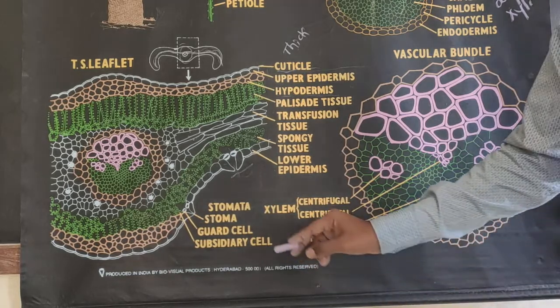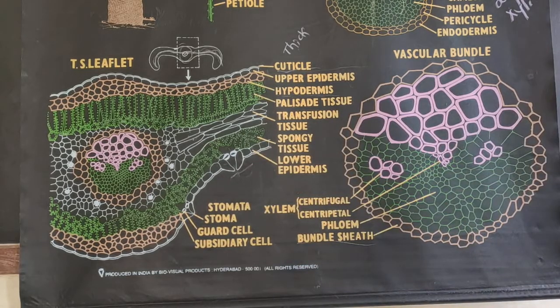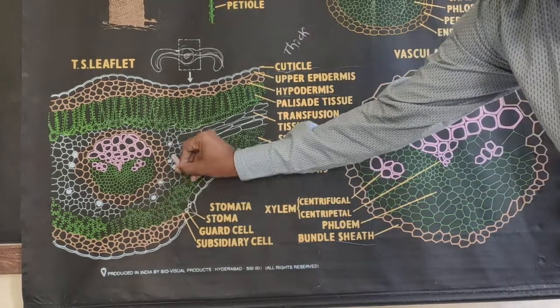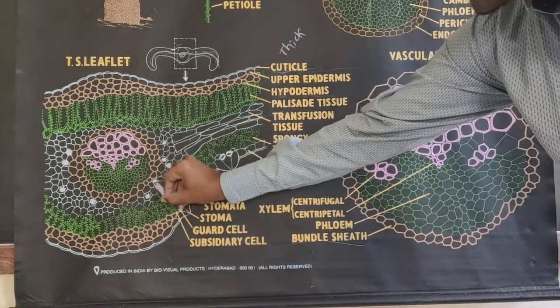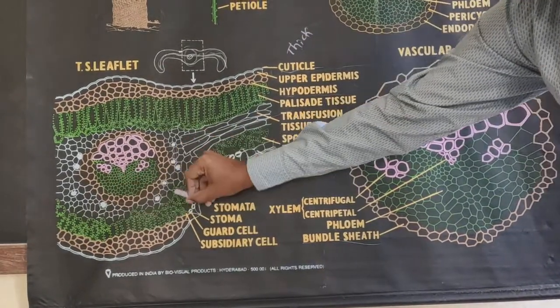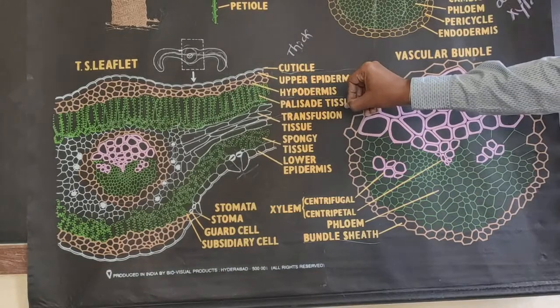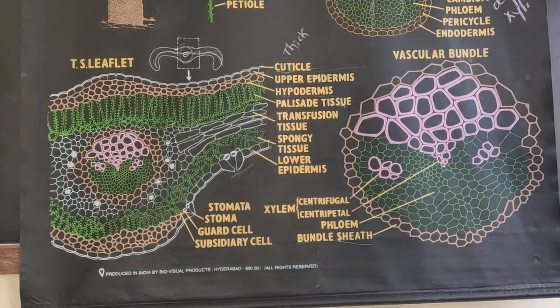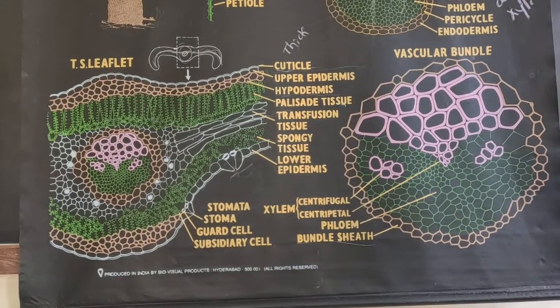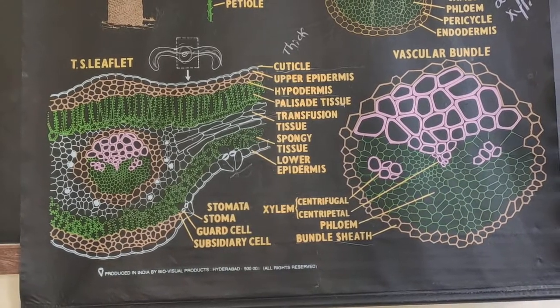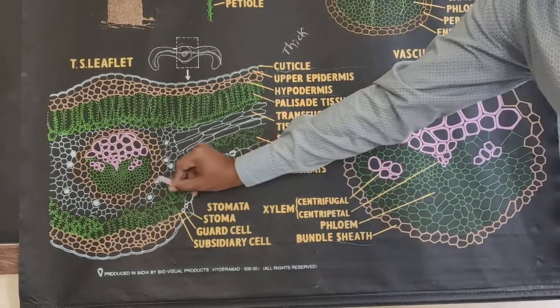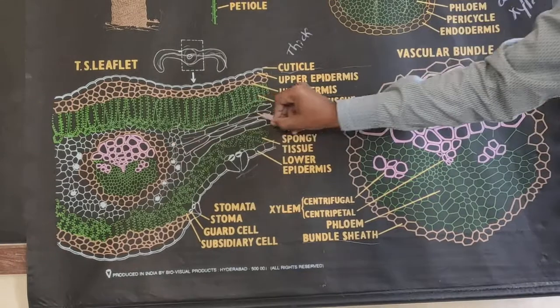Another important character of the leaflet is the presence of transfusion tissue. Transfusion tissue is present both in the midvein region and in the lateral region. While explaining the external morphology, I told you the leaf has only a single central middle vein and lateral veins are absent.